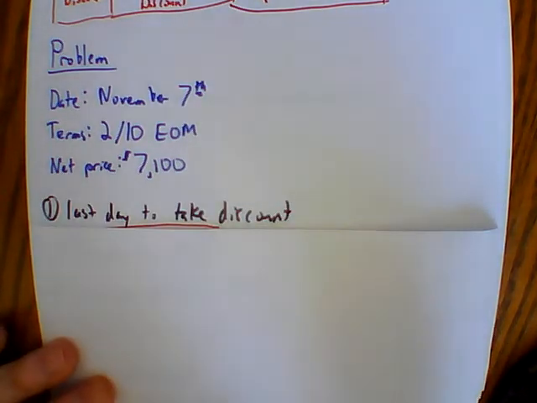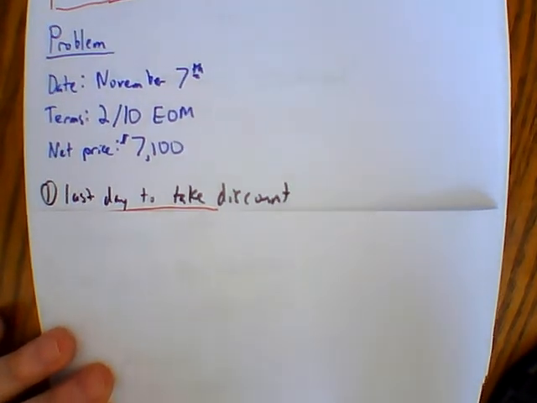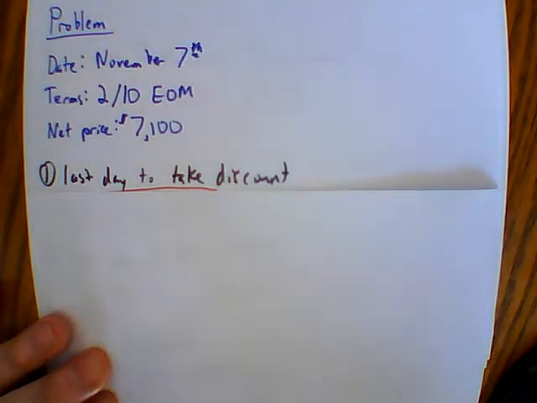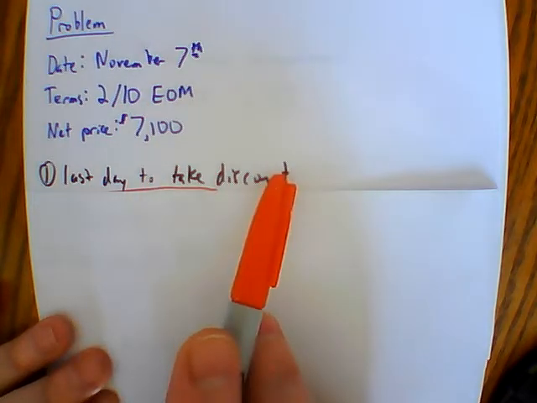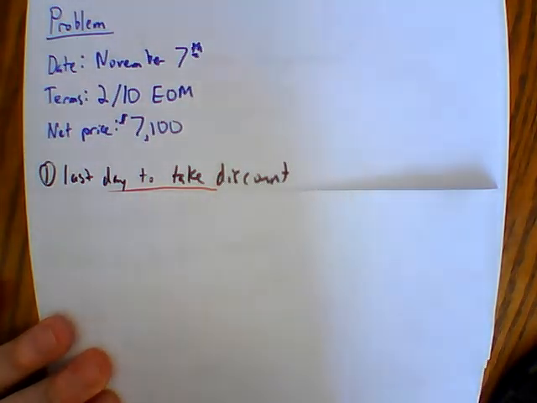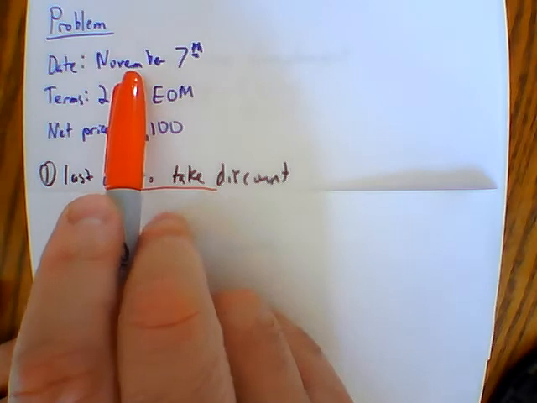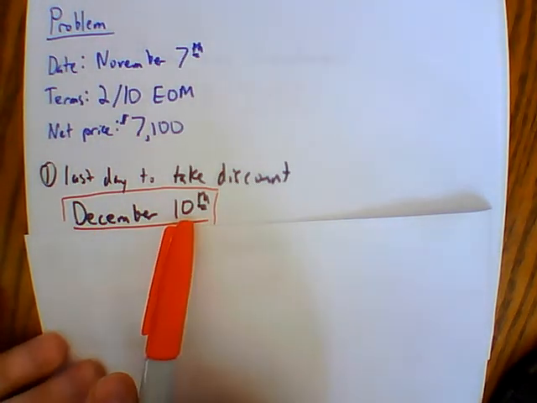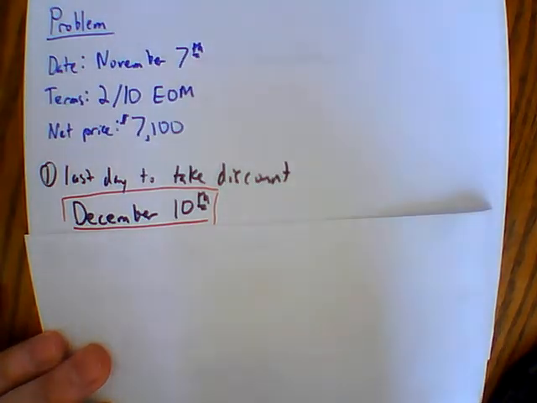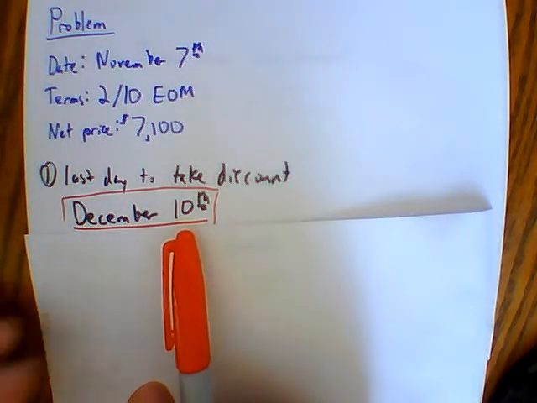Problem 1 asks us the last day to take a discount. Remember that the last day to take a discount is going to be 10 days into the next month. After November is December. So we see that December 10th is the last day to take the discount. You have all of November, then you have 10 more days.